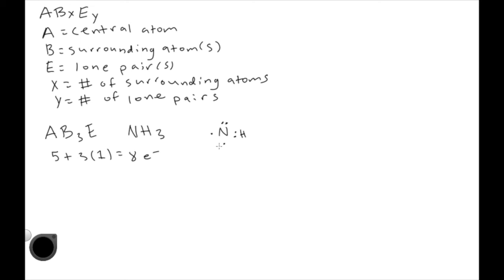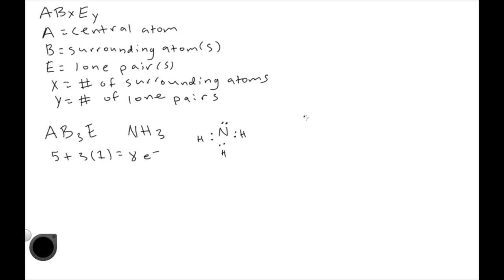So 1 hydrogen, 2 hydrogen, and then our 3rd hydrogen over here. If we count up all of our electrons, we have a total of 8, which matches the total we calculated earlier. And so finally we can replace the bonding pairs with bond lines if you want.